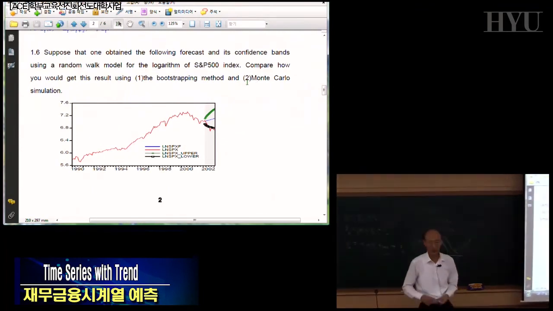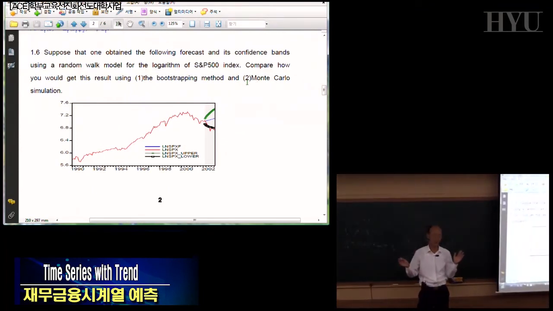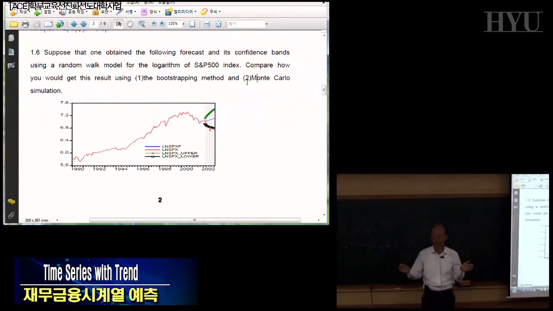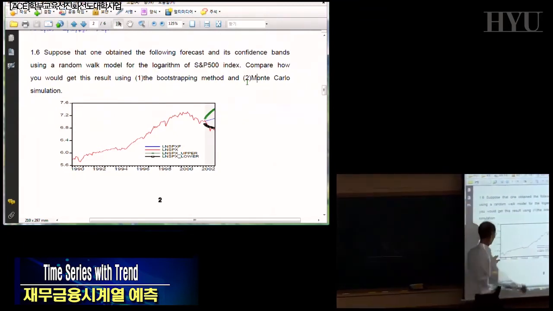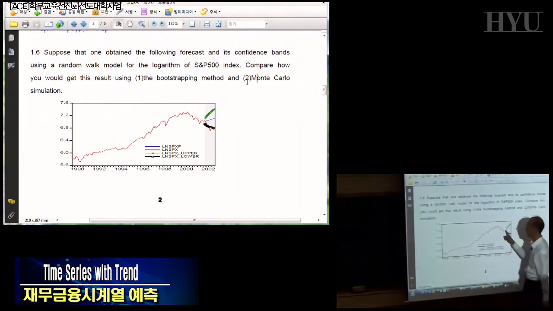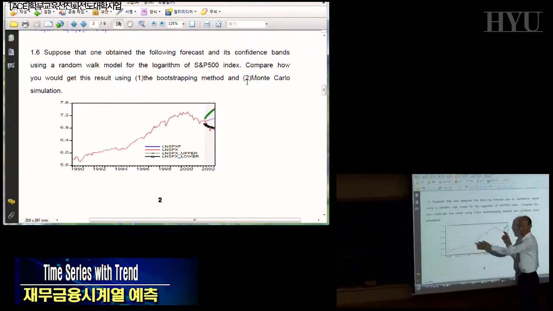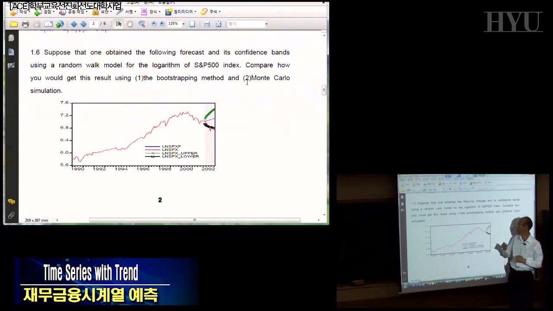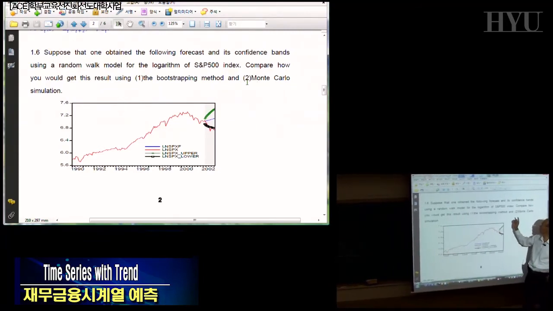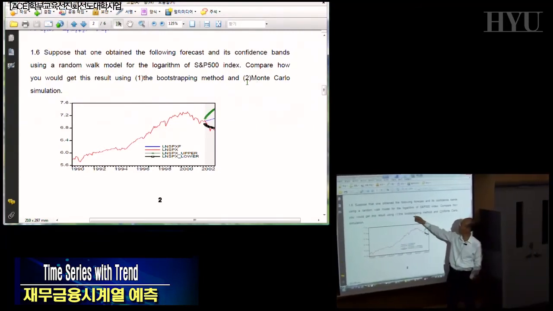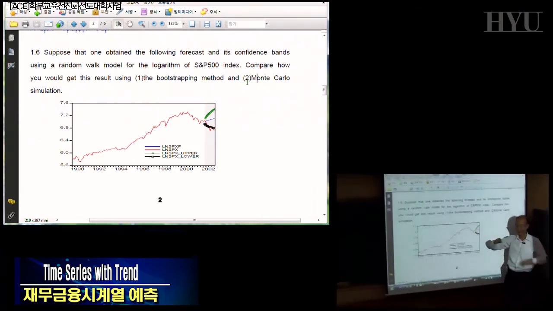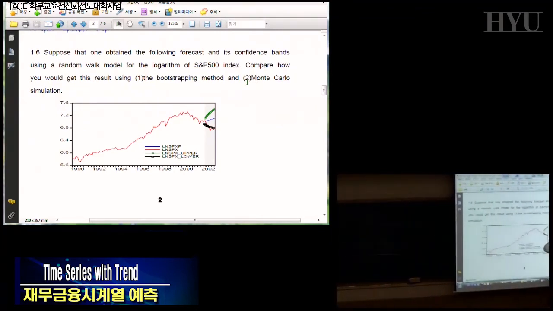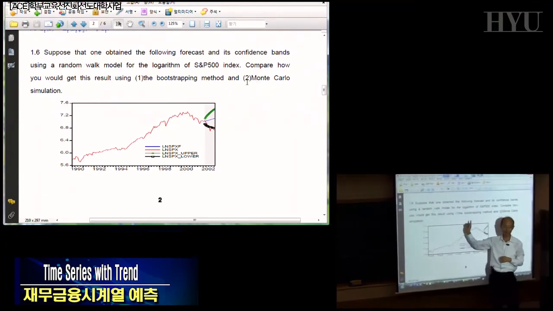So if you find appropriate ARIMA model for the data using in sample, right? Now you are ready to generate using simulation method either bootstrapping or Monte Carlo. Right? So it's actually generating the future path using the model, right?